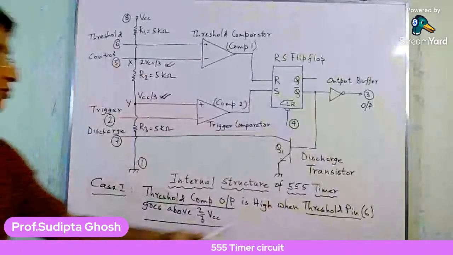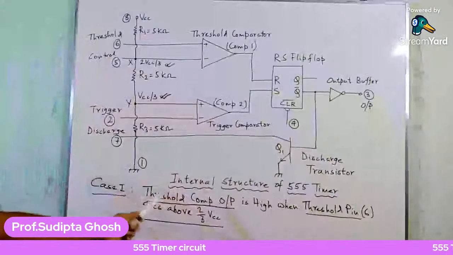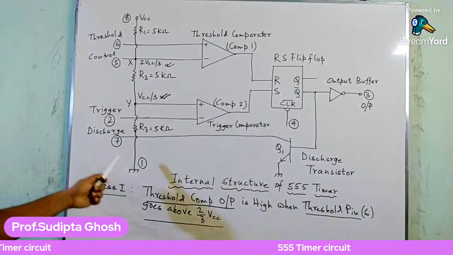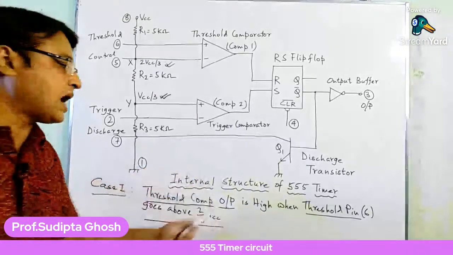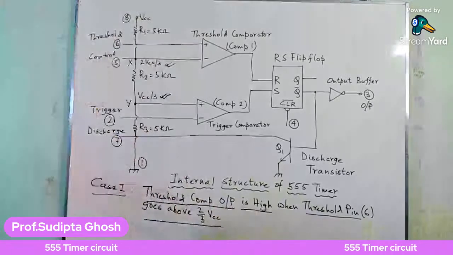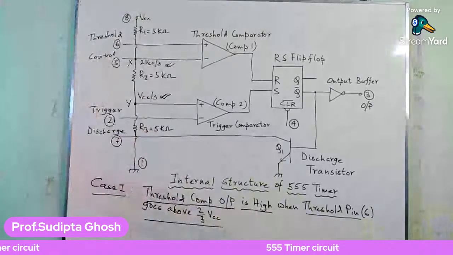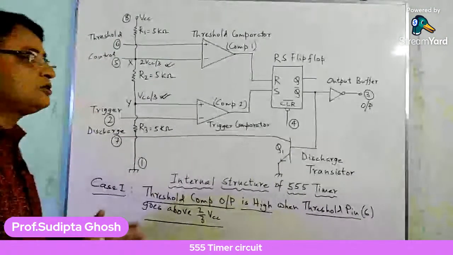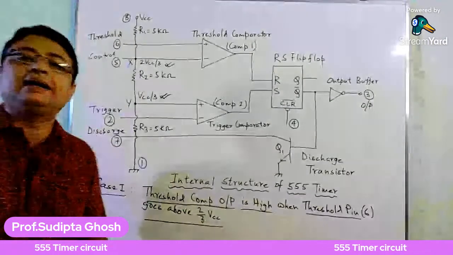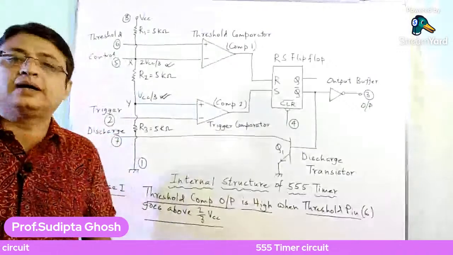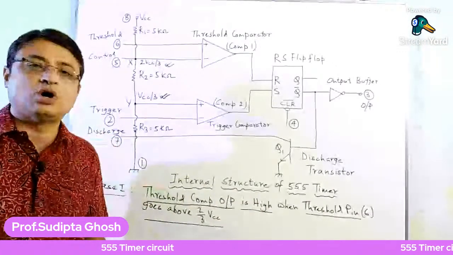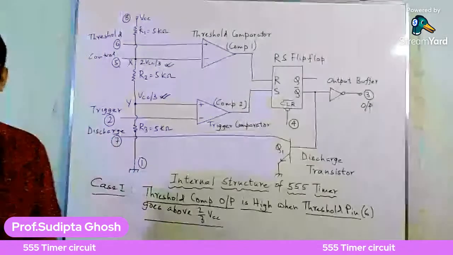Number one, the threshold pin goes above 2/3 VCC, and the other part is the threshold comparator output is high. So first of all, there are two comparators. Number one, the threshold comparator, and the other is the trigger comparator. Here we are considering the value of the threshold comparator at first.